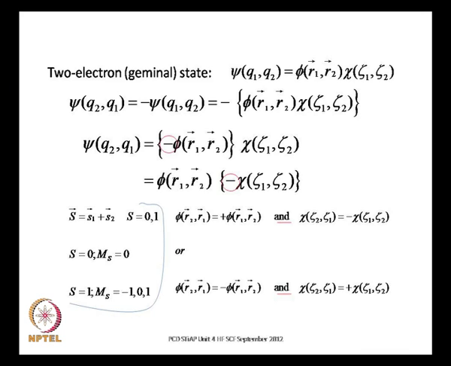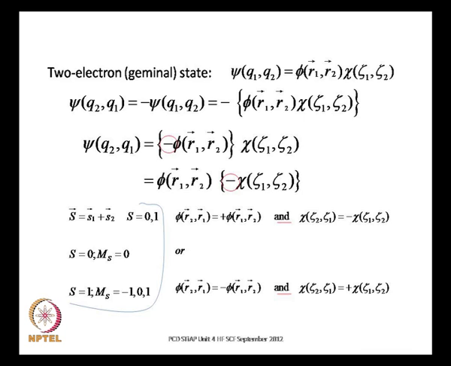So there are 2 possibilities, S being either 0 or 1, and if S is 0, the corresponding m quantum number can be only 0, whereas if S is 1, the m quantum number will be either minus 1, 0 or 1, because m goes from minus j to plus j, and j itself goes from modulus of j1 minus j2 to j1 plus j2. So that is all we have used here.